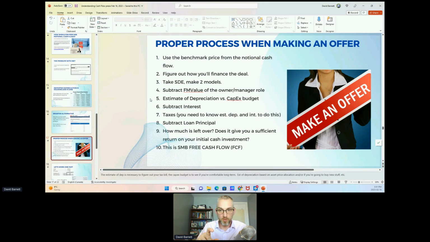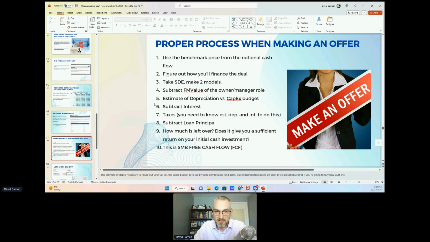If it's an asset purchase, what will the allocation of my purchase price be to the equipment? Then you can actually work out your own depreciation. You can figure out, in 3 years, I might have to buy another piece. What will that do to my book value, et cetera? So you're doing a cash flow forecast to figure it out, because you're going to end up with different numbers than the CapEx budget I just taught you. But you want to know what both of these are.